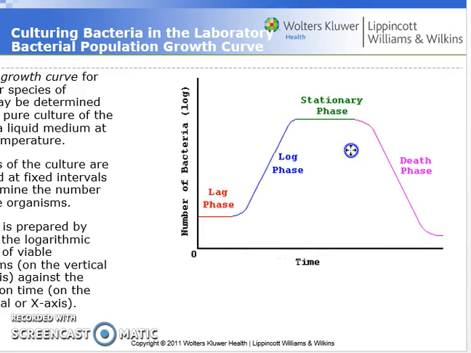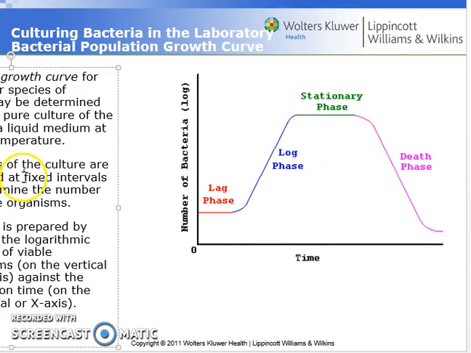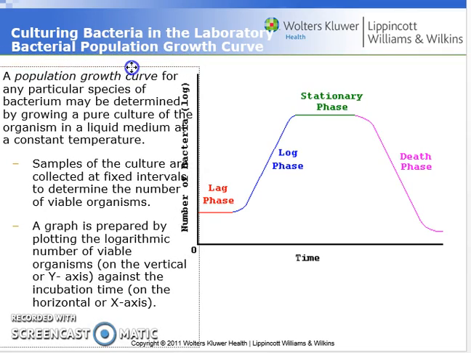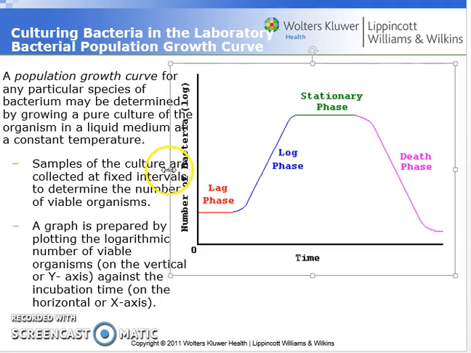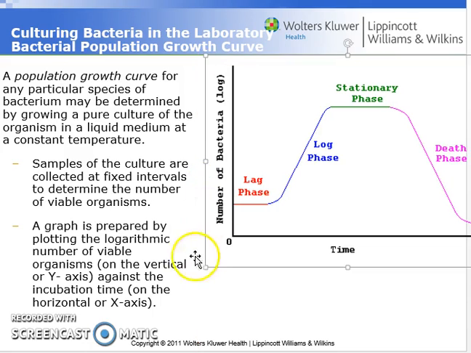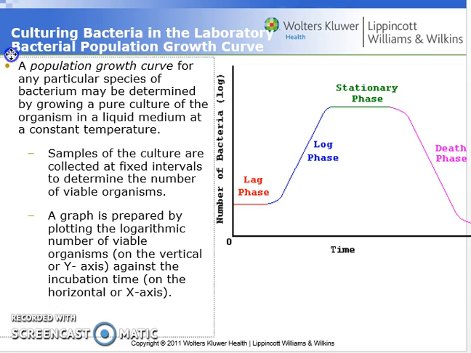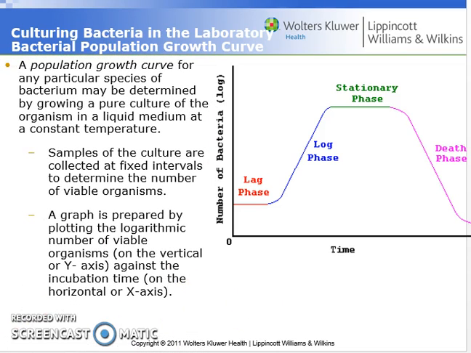Again, bacteria grow on an exponential growth curve, which is why it is called the logarithmic growth phase. Then they enter the stationary phase, and after that, the death phase. Once that takes place, we have the end of the bacteria.